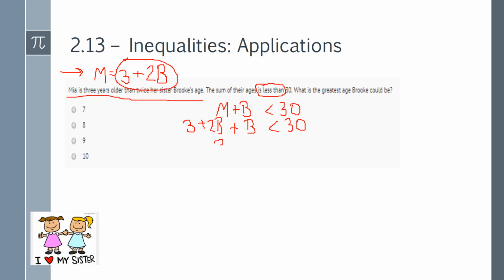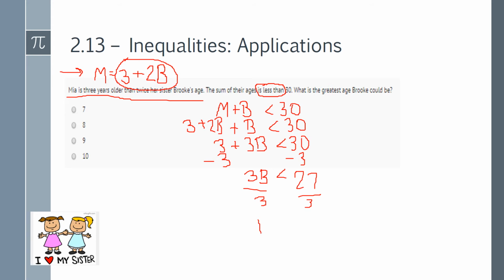I've got 3 plus 2b and a b, that's 3b, less than 30. Subtract 3 from both sides. And I've got 3b is less than, I got ahead of myself, 27. Sorry, that should be a 27.